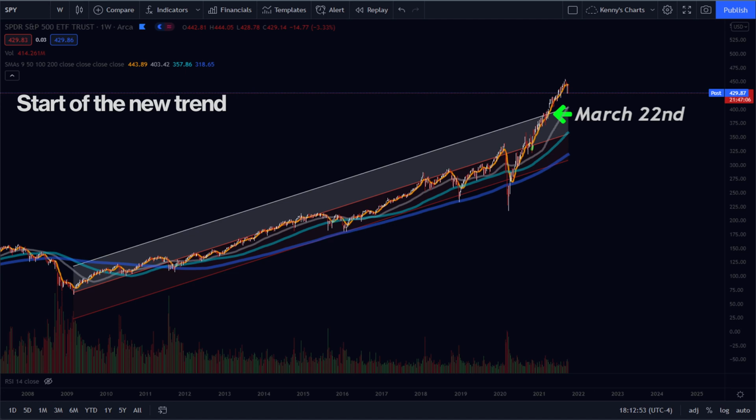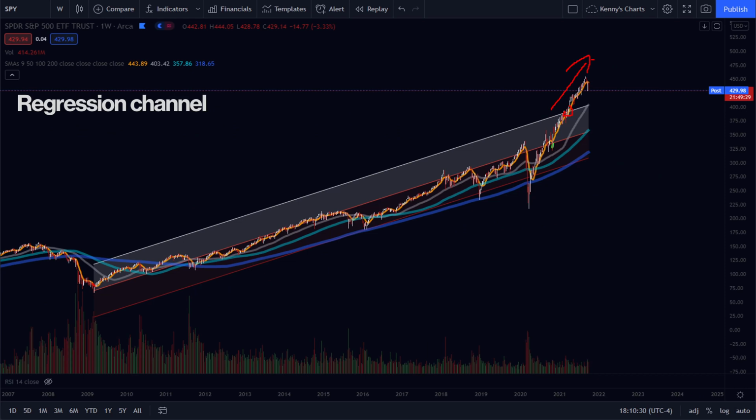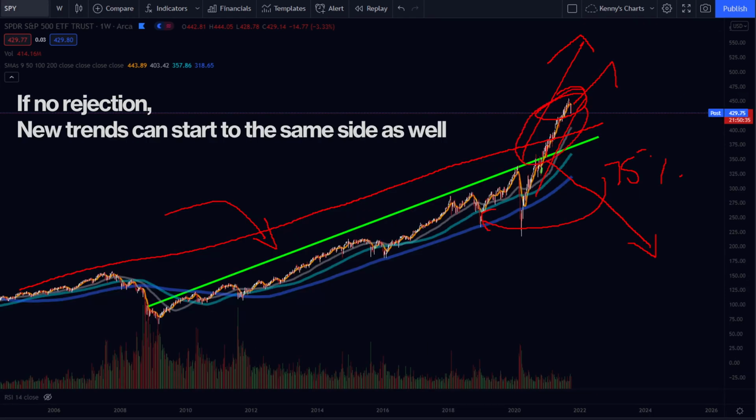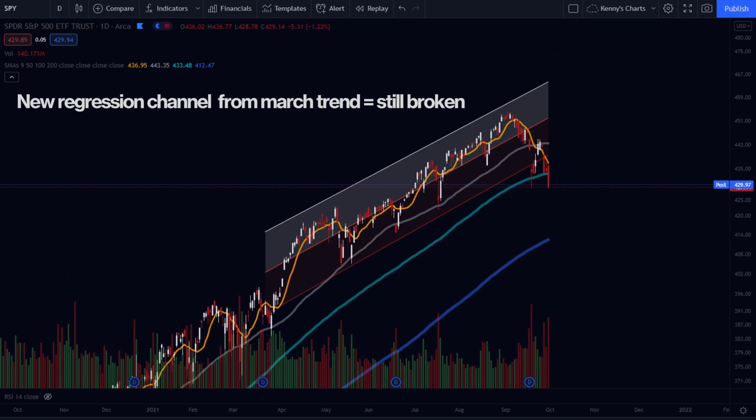If you start it from the new trend, back here from March, what we find is that the new trend looks like this, right? And even this new trend right now is still broken. We're still breaking that new trend, and it's hitting the 100-day moving average.